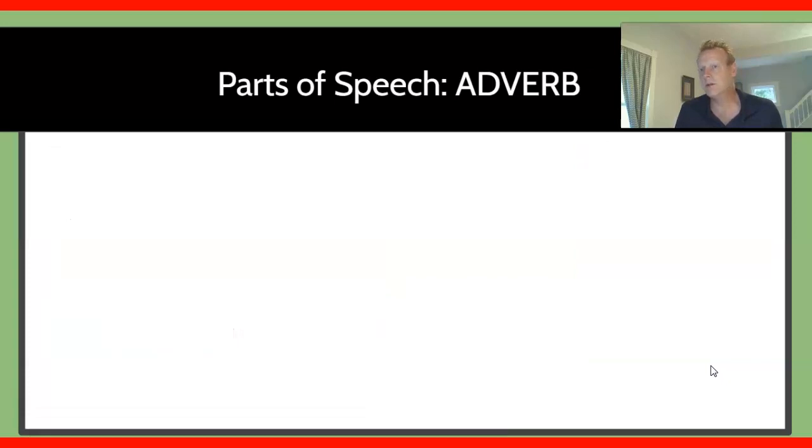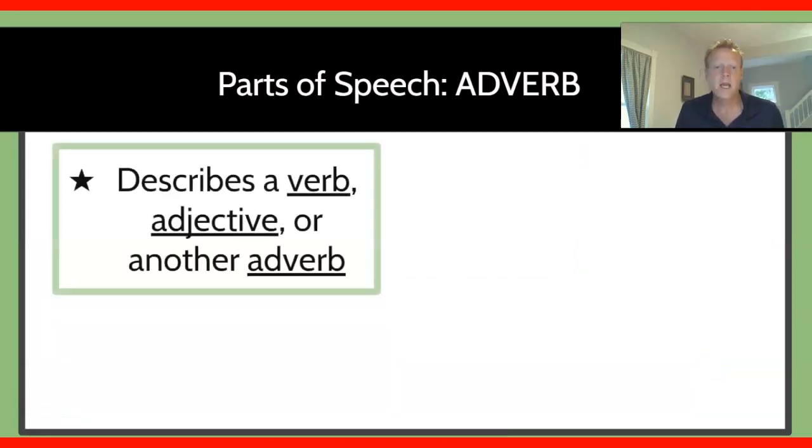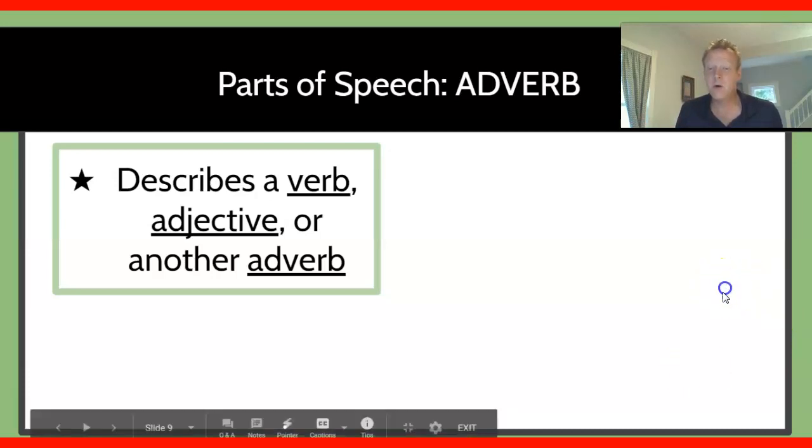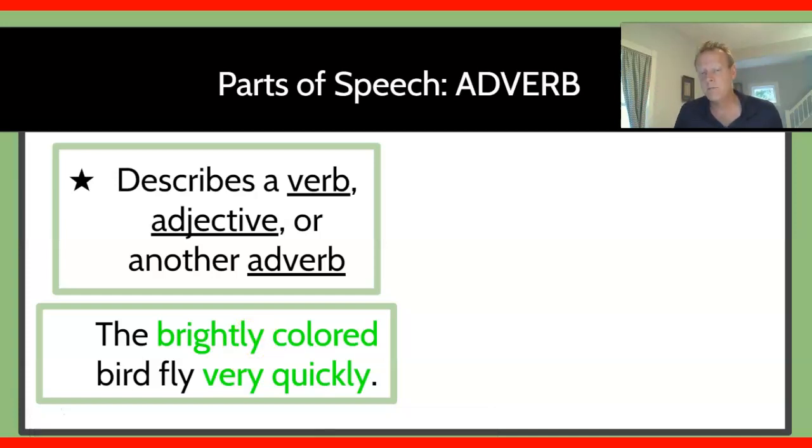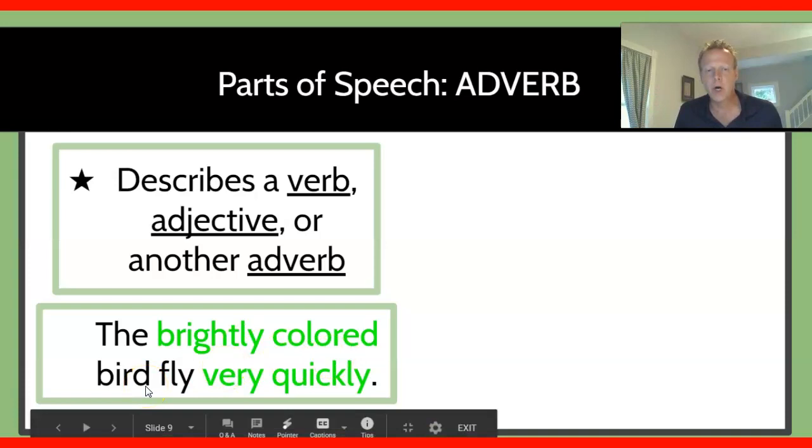Adverbs. These are interesting. Adverbs describe a verb, adjective, or another adverb. They're powerful. Take a look at the example. The brightly colored bird flew very quickly. The ly is a big signal, almost always an adverb, okay?